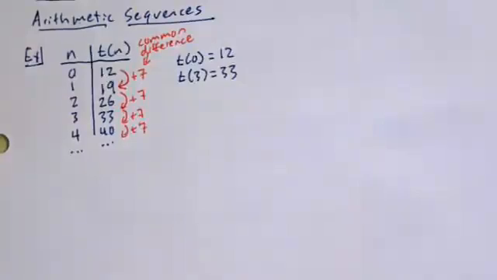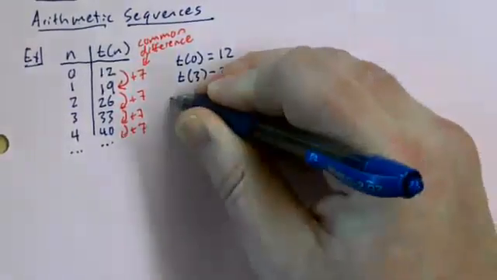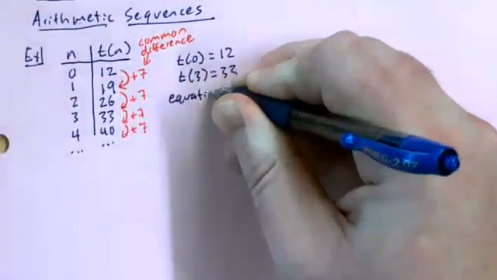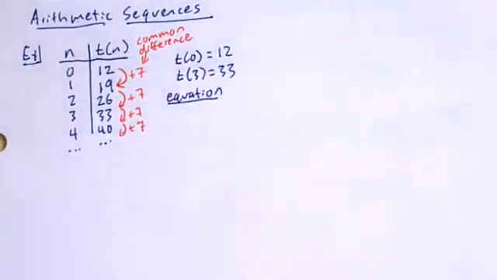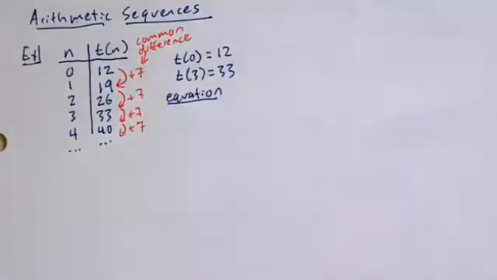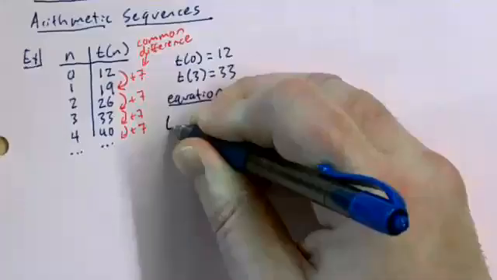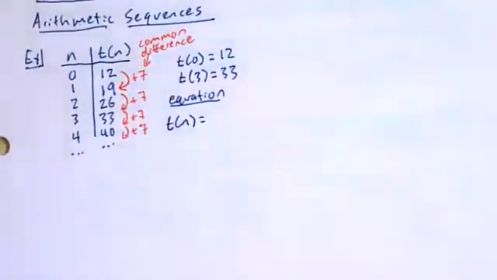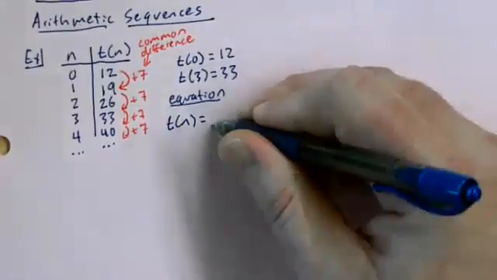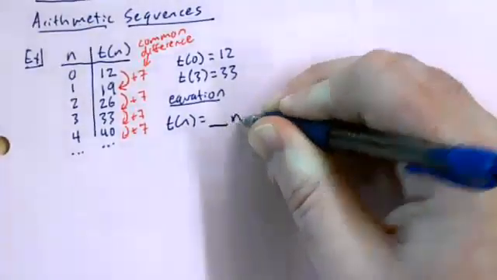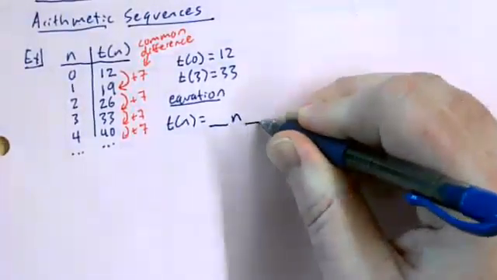All right, we also talked about how to write an equation for an arithmetic sequence on Friday. When we write an equation, we're going to write t of n equals, and it's going to look a lot like our y equals mx plus b. But instead of m and b, we're going to have some other values.